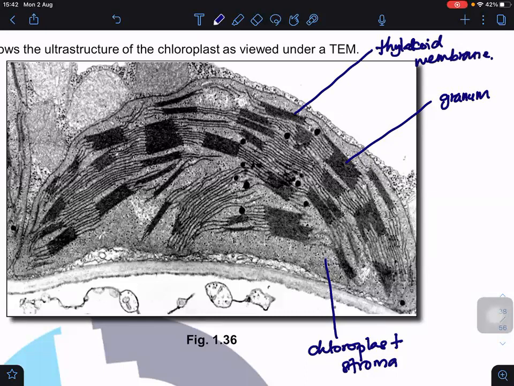The thylakoid space we can't label, because it's not detailed enough to pinpoint. Then we have the chloroplast membrane, but we do not know whether it is the outer or inner membrane, because we can't see it clearly in this diagram.